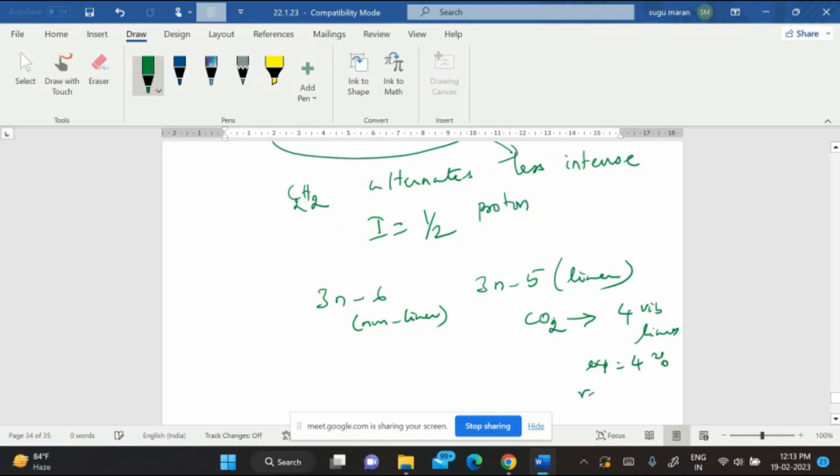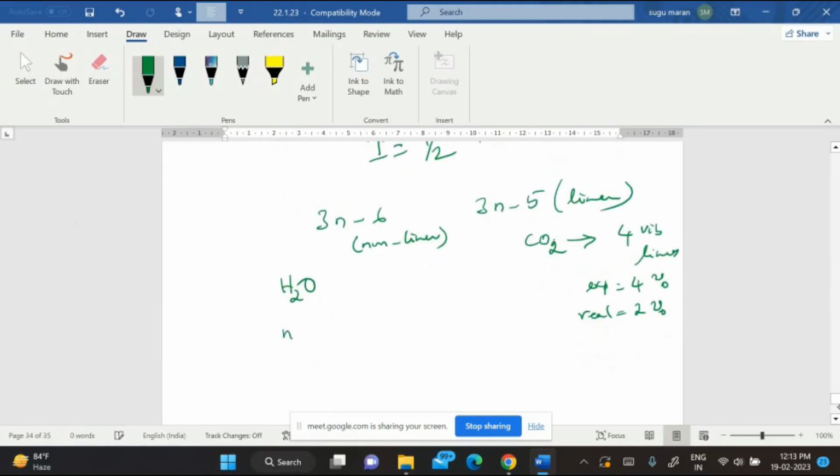But in reality, you get 2 fundamental bands. For the water molecule, where n is equal to 3, 3 into 3 is 9, 9 minus 6, so you expect 3 fundamental bands. In reality, you get 3.